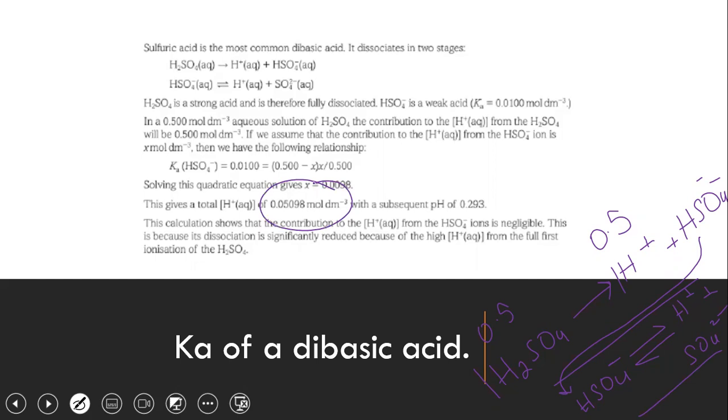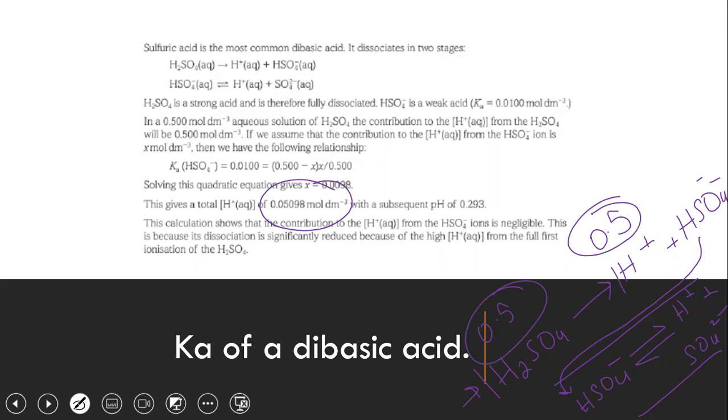And as a result, what is going to happen? The contribution of the hydrogen ions from the second equation, from the hydrogen sulfate, is negligible, right? So the majority of the hydrogen ions will be produced by the first equation, in which the concentration of the acid is going to be the same as the concentration of the hydrogen ions produced.